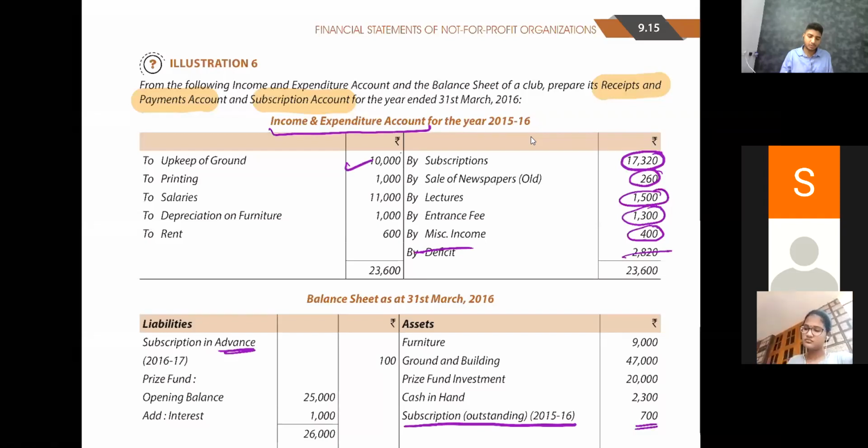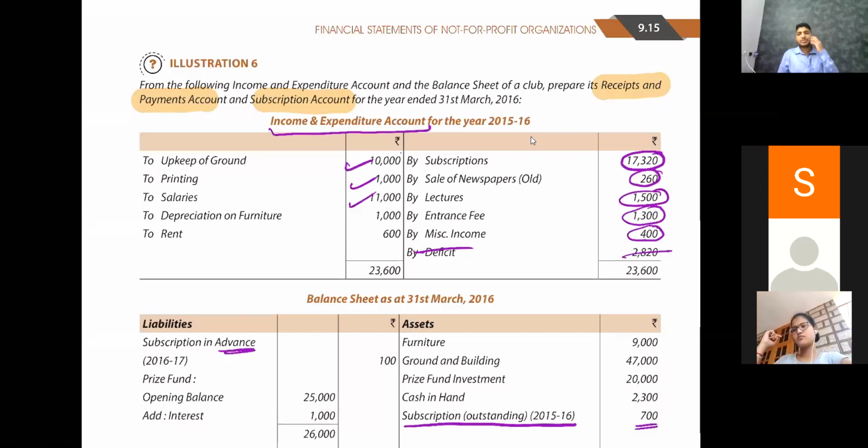Should it go? Should go. Printing should go? Should go. Salary should go? Should go. Depreciation should go? Answer: in the receipts and payment account, should depreciation go? Correct.